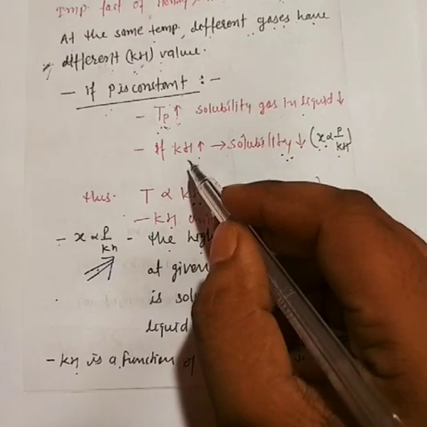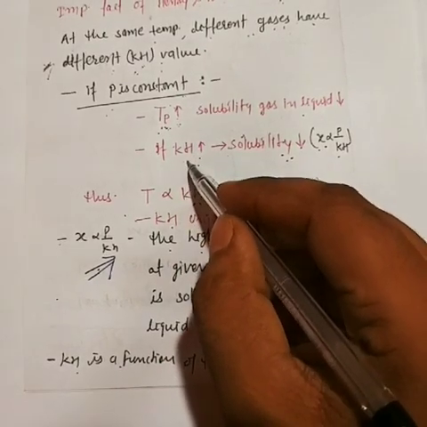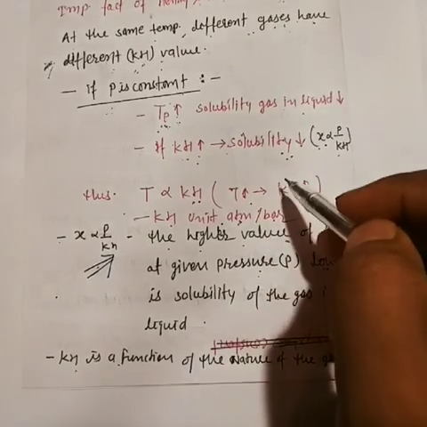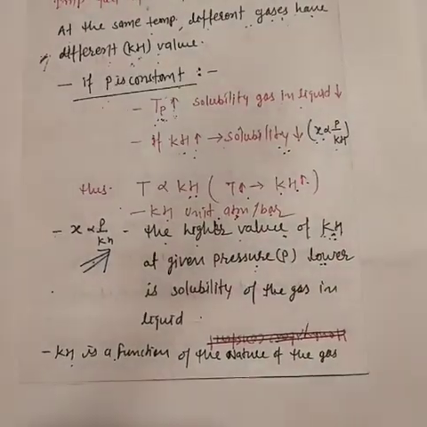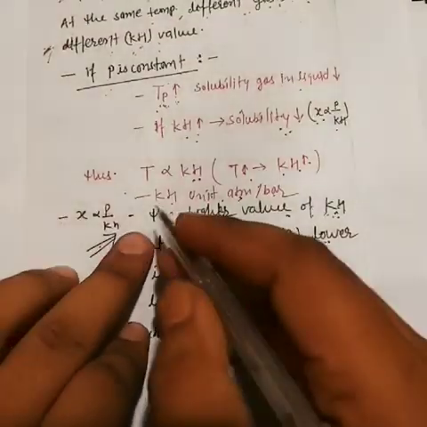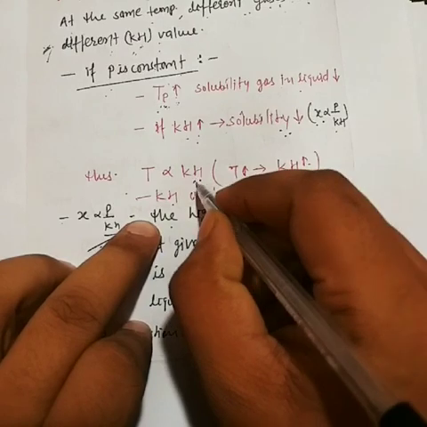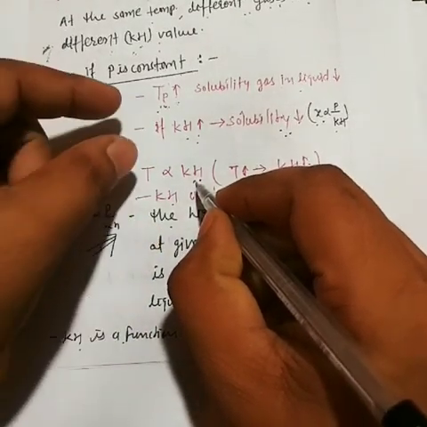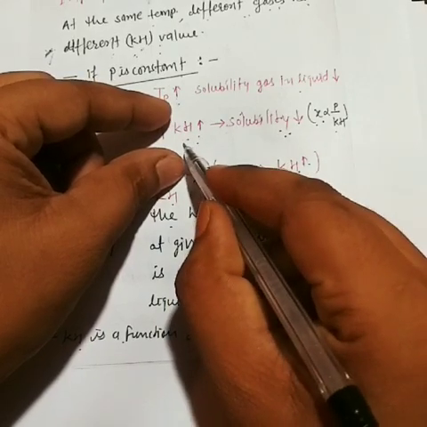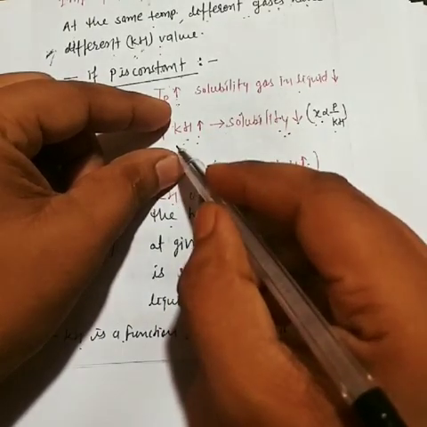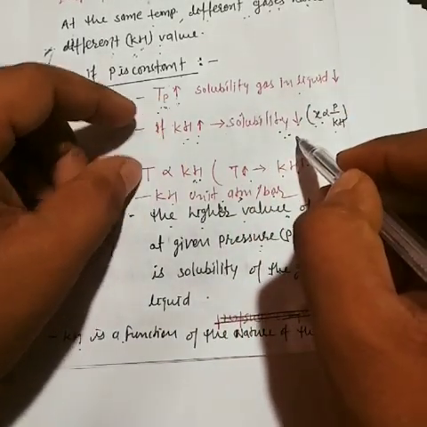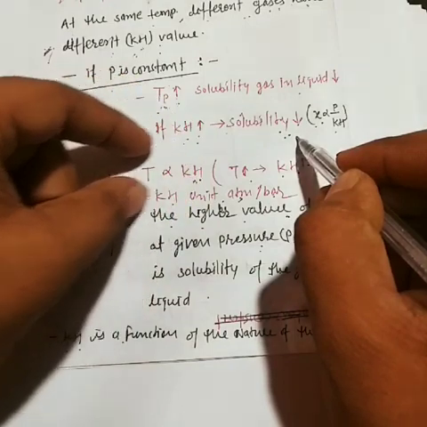In that case, we raise the Henry constant, and the solubility of gas in liquid also decreases on the basis of these equations. Now finally, what we concluded, see here, is that temperature is directly proportional to kH. Yes, definitely, if we increase the temperature, the Henry constant also increases. In both cases, the solubility of gas in liquid will decrease. So definitely it is directly proportional.